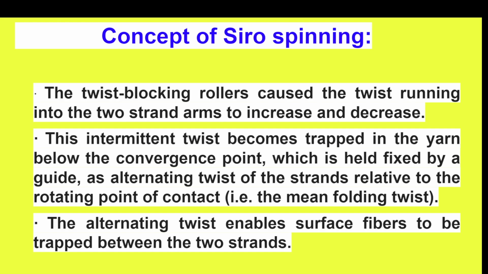This intermittent twist becomes trapped in the yarn below the convergence point, which is held fixed by a guide, as alternating twist of the strand relative to the rotating point of contact, that is the mean folding twist. The alternating twist enables surface fibers to be trapped between the two strands.